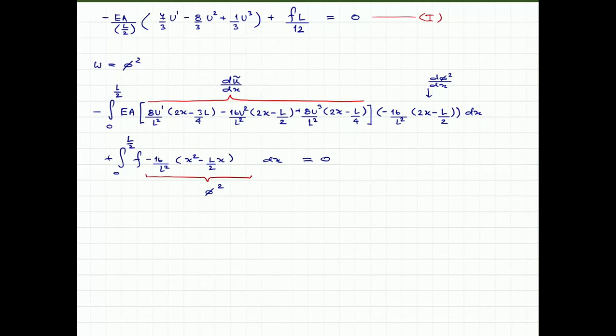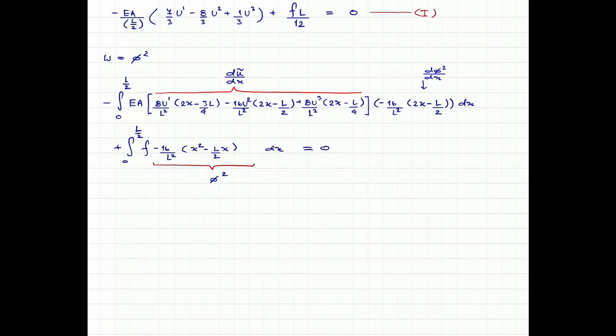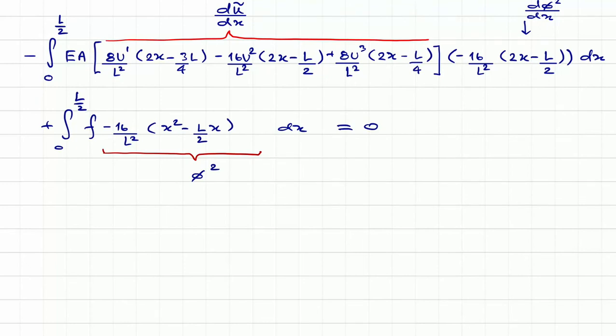Again, take a deep breath. Let's finish up the easy part first. Minus 16 over L square F. You integrate x square, you get L cube over 24 minus L over 2 times L square over 8.